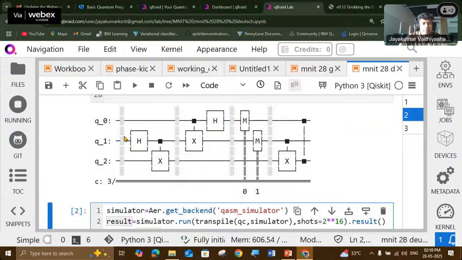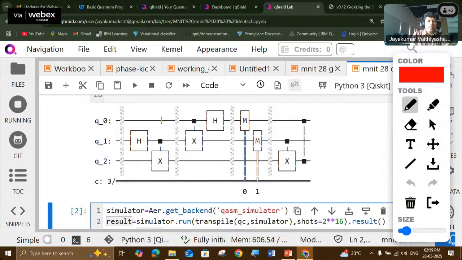So what we are doing, we are creating a Hadamard gate in Q1 and we have a control not from Q1 to Q2. Same way, we are applying a control not from Q1 to Q0. So what it means, it will create entanglement between 3 qubits.